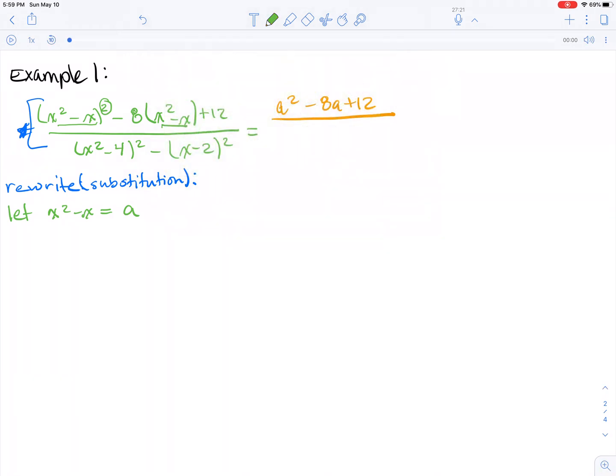Let's look at the denominator. I have x squared minus 4, all squared, and then minus x minus 2, all squared. I'm going to have to separate those out into 2 different let statements. So I'm going to let x squared minus 4 equal b, and I'm going to let x minus 2 equal c. Now let's put those into the denominator of my equation. That gives me b squared minus c squared.